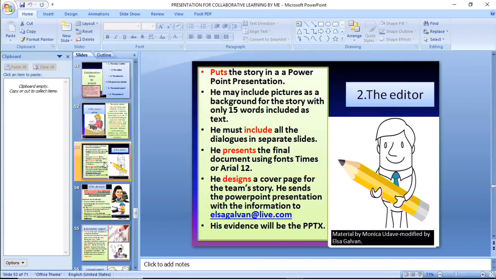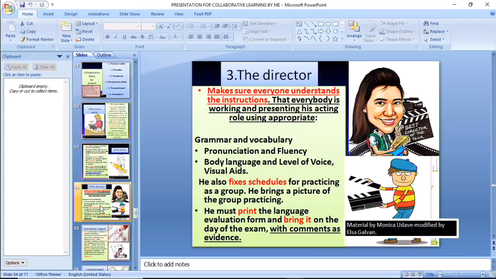The editor puts everything in a PowerPoint presentation, including dialogues, pictures, etc. The director makes sure everyone understands instructions and is like a director in a movie. Yes, he evaluates the acting part, the voice level, etc.